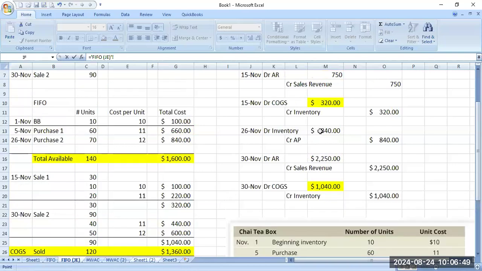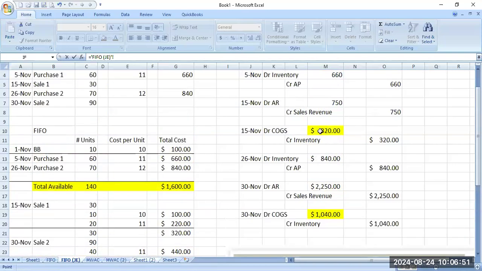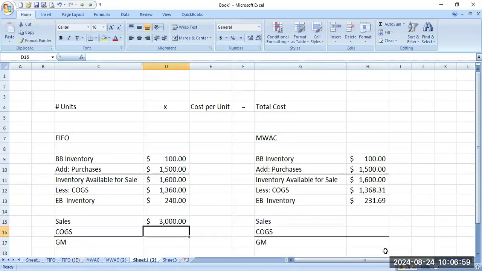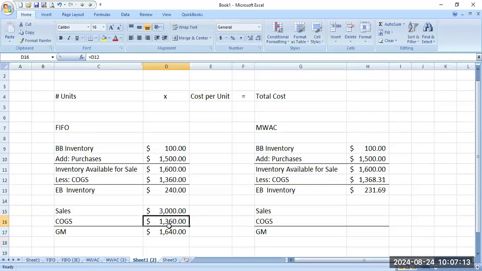First, we're selling 750, and then we're selling 2,350, or our sales at $3,000. Our cost of goods sold here are 1,360, so our gross margin is 3,000 minus 1,360.